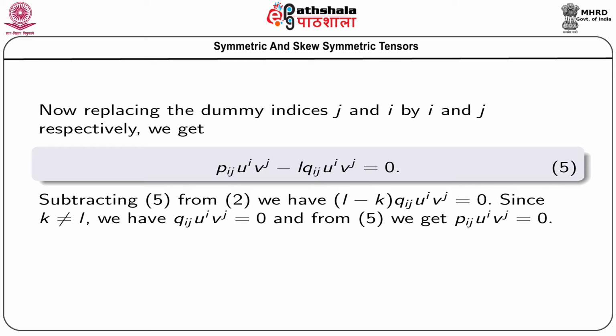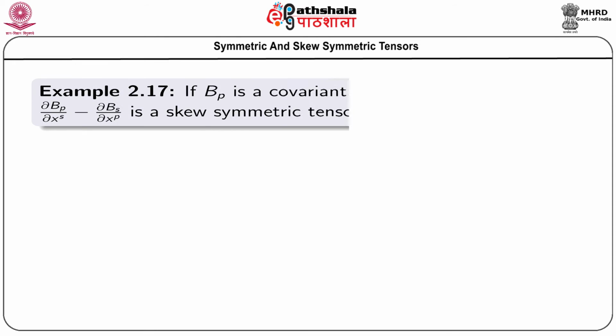Now, since k not equal to l, we have q_ij u^i v^j equals 0, and replacing the value of q_ij u^i v^j equal to 0 from 5, we get p_ij u^i v^j also equal to 0. So, therefore, the relation is proved.